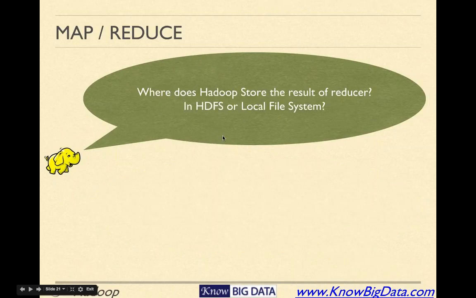Alright, brilliant. Where does Hadoop store the result of reduces? Is it in HDFS or in the local file system?